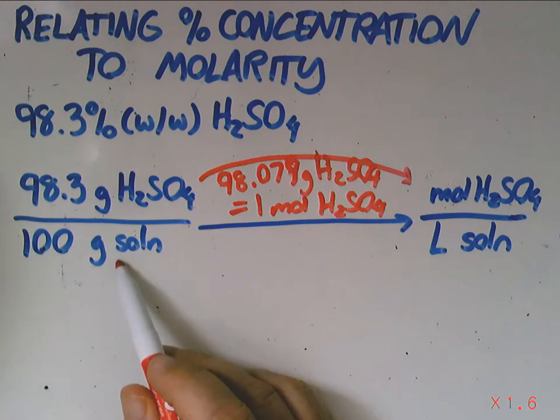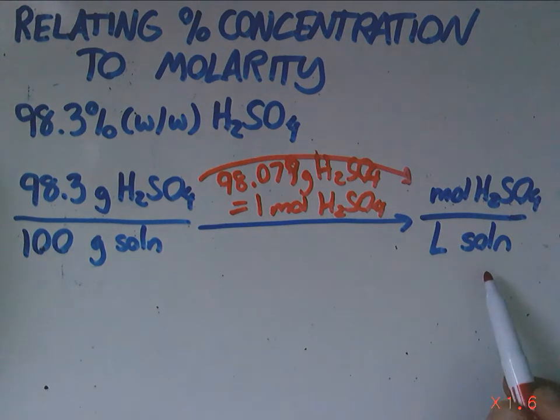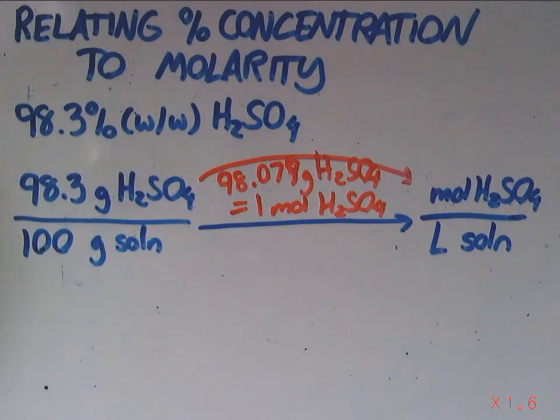And now I need to do something on the bottom too, because I've got grams here, which is mass, and I'm trying to turn it into a volume. What kind of conversion factor do you need to turn grams of something into a volume of something? You should say whenever you're trying to turn a mass into a volume of the same substance, you need a density. So where do I get the density?